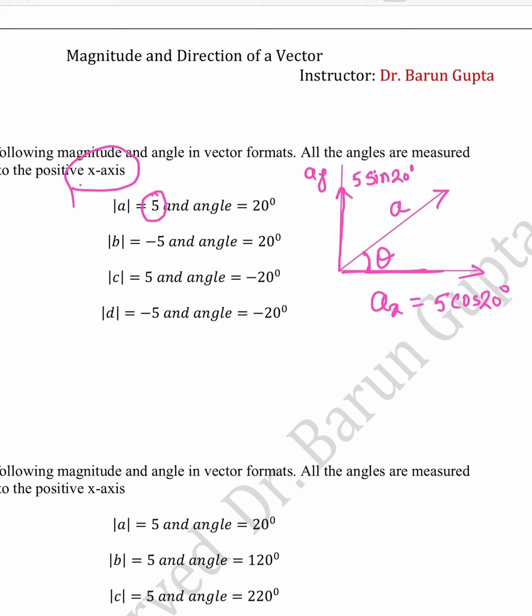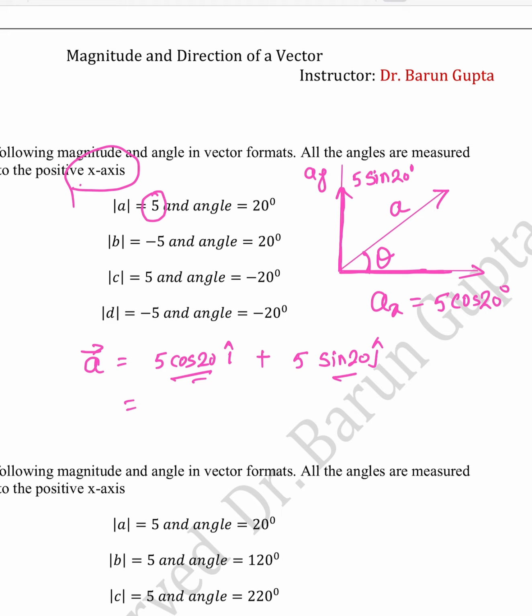So if I have my x component and my y component, how do I write it in vector format? My A vector would be 5 cosine 20 i vector plus 5 sine 20 j vector, and all you have to do is plug in the values of cosine 20 and sine 20.